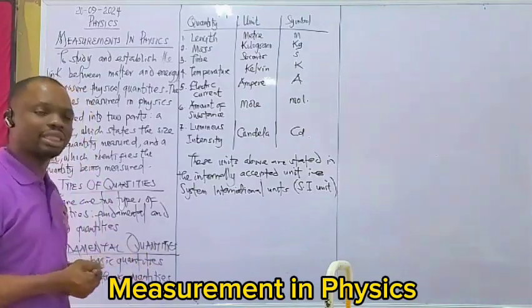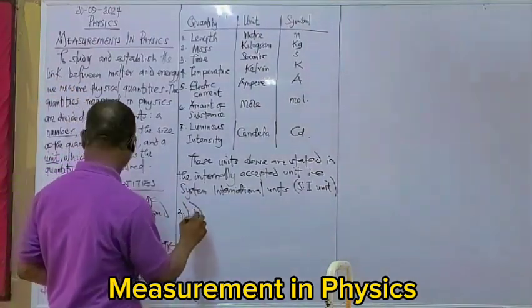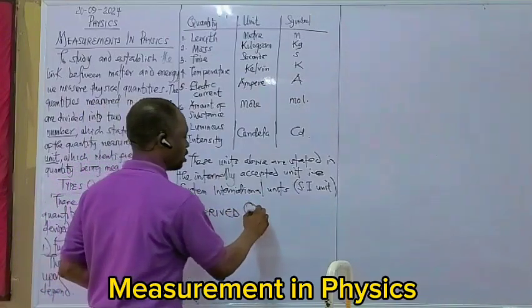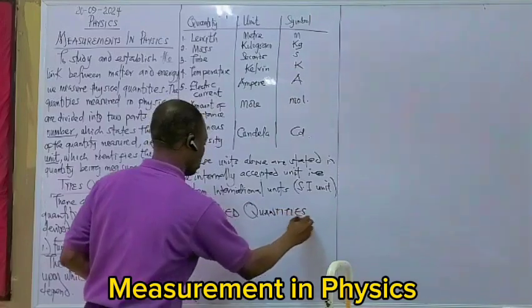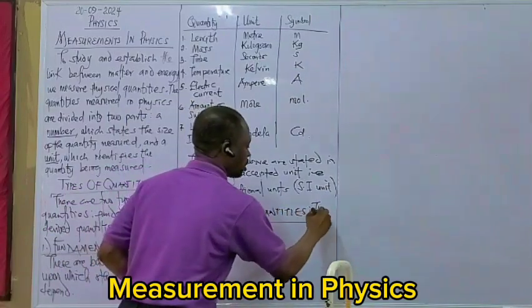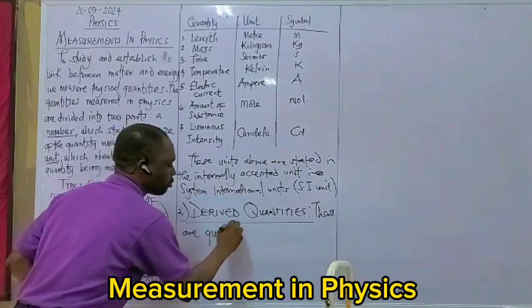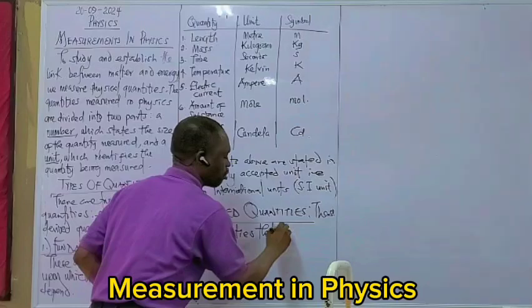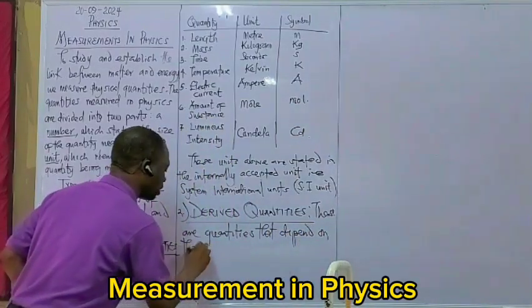But when we talk about the derived quantities and units, derived quantities are quantities that depend on the fundamental quantities.